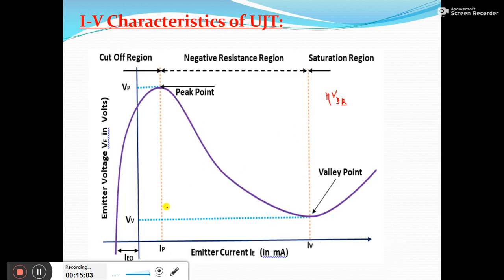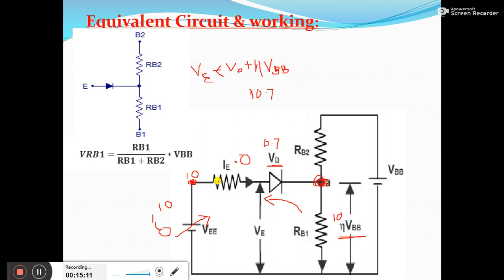You can see here, initially current will flow in the negative direction. Let us discuss this again in the next session. So here it is 10 and it is 10, both equal to each other. Since these two points are at the same potential, there won't be any current flow. IE will be equal to 0.